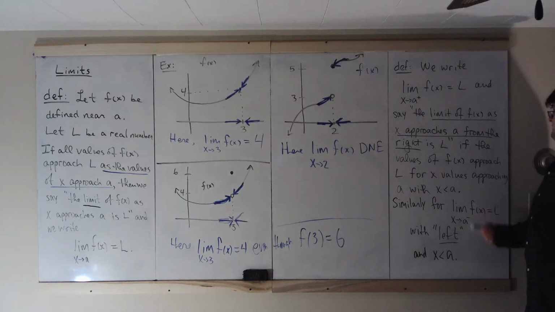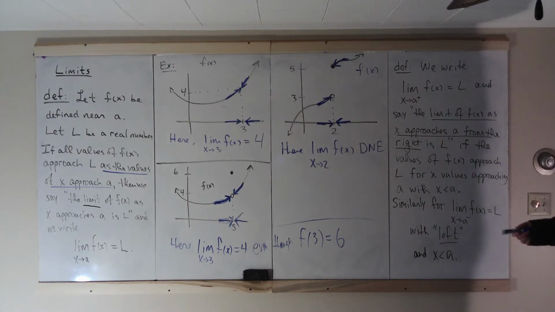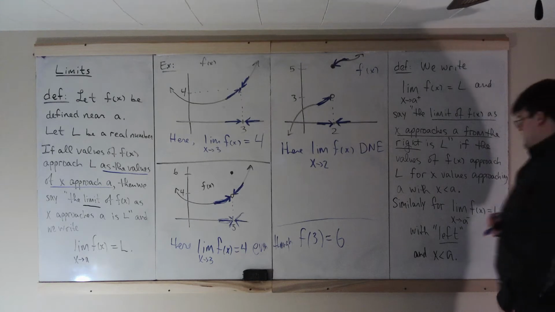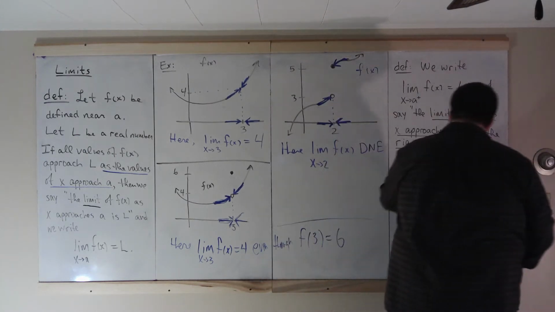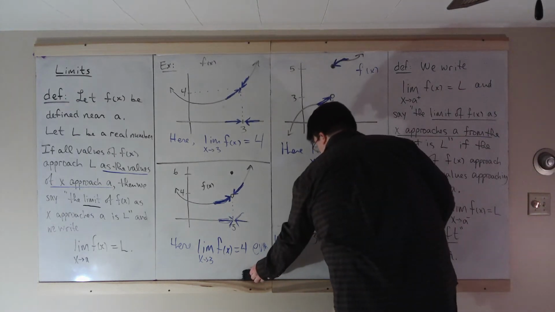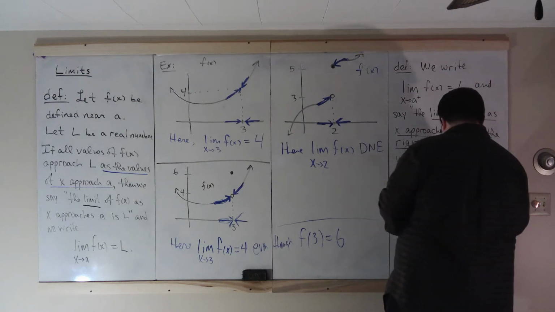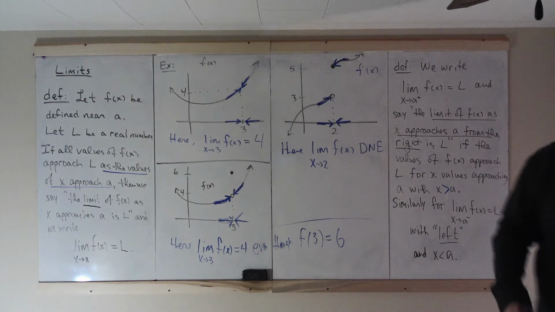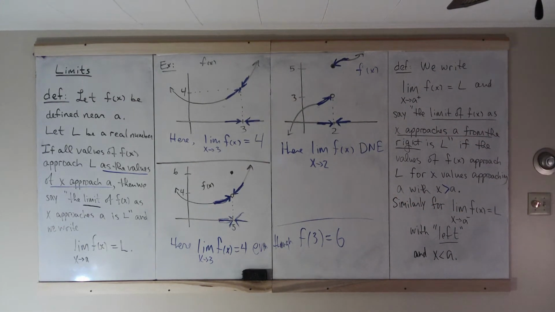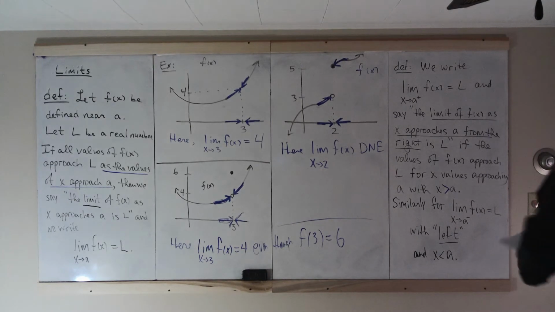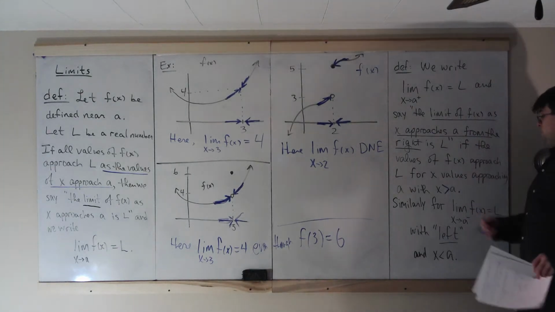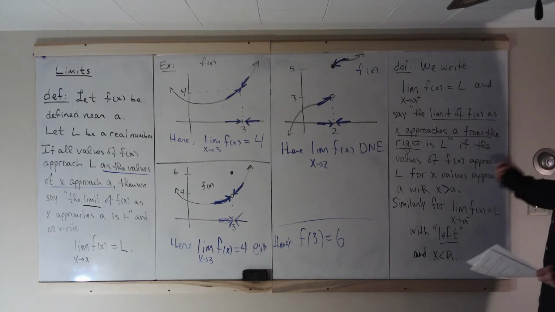If the values of f of x approach L for x values approaching A with x, that should say greater than A. My bad. I must have been looking at the other one when I copied these from my notes. Or maybe I got it wrong in my notes. Values of f of x approach L for x values approaching a with x larger than a.